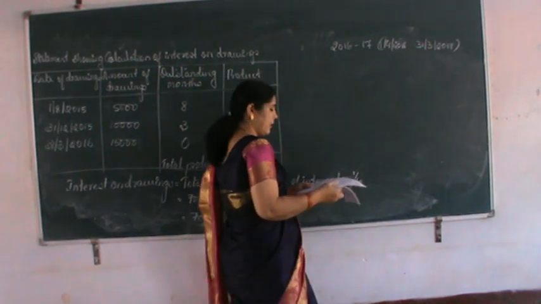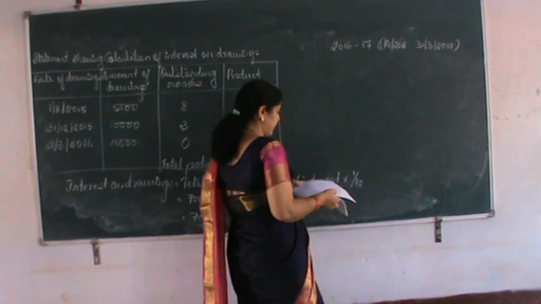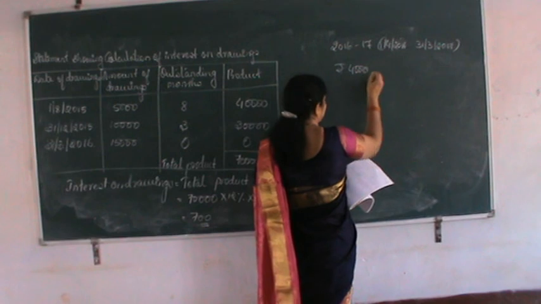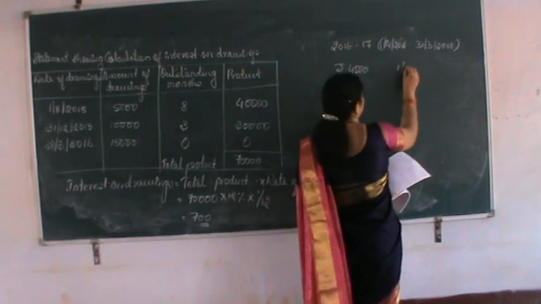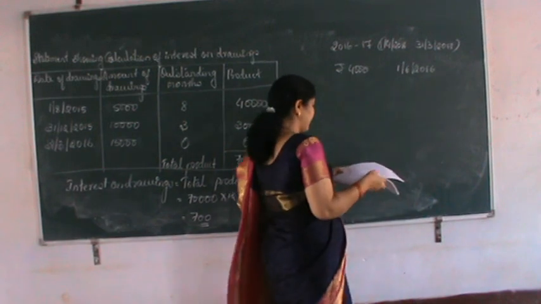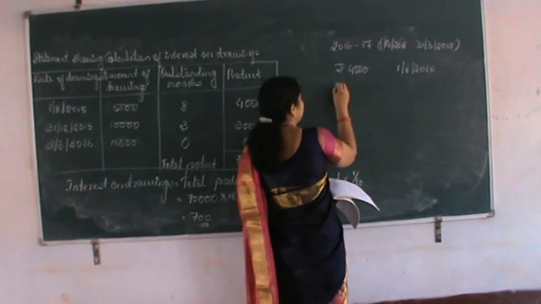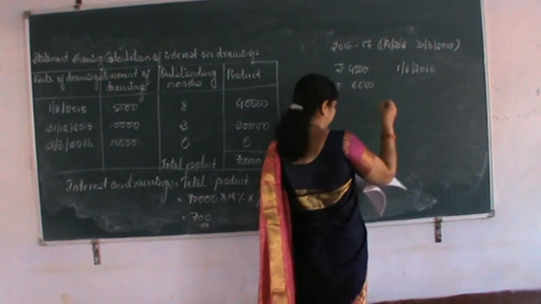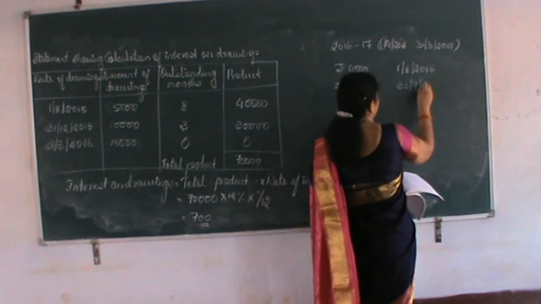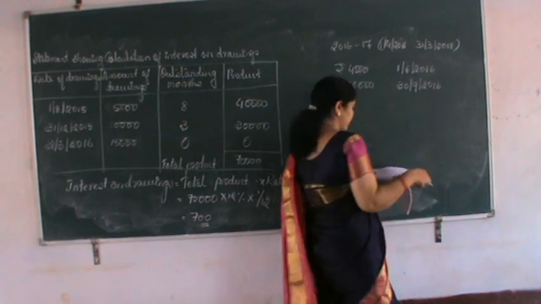So here the details of Sahana's drawings are given, that is she has withdrawn rupees 4,000 on 1st June 2016. Then rupees 6,000 on 30th September 2016.